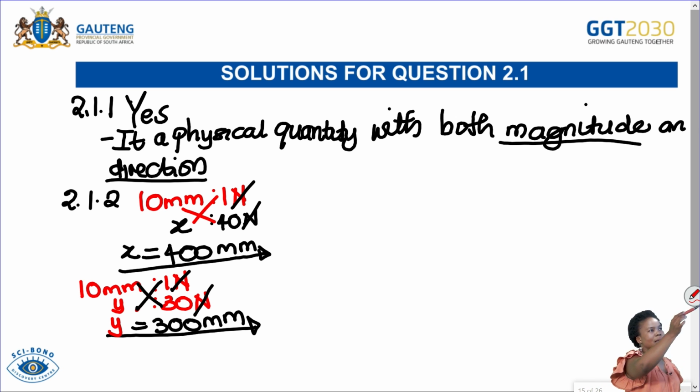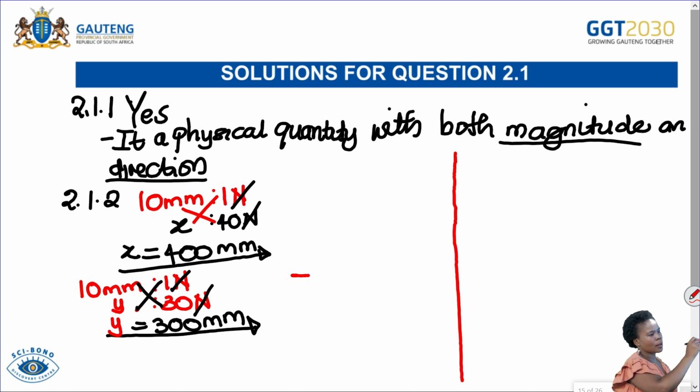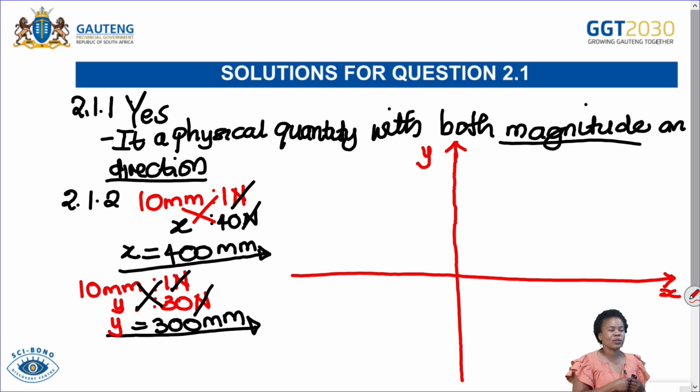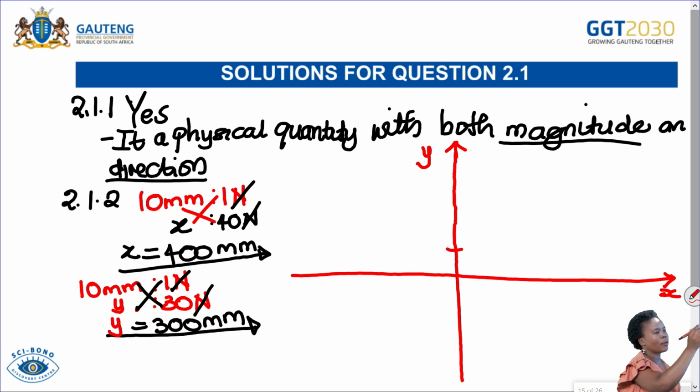In your Cartesian plane, let me just draw my Cartesian plane out nicely. That is your Cartesian plane. Obviously, you indicate that this is your y and that is your x. So you take your ruler and measure out nicely. I'm going to make mine go in hundreds: 1, 2, 3, 4.